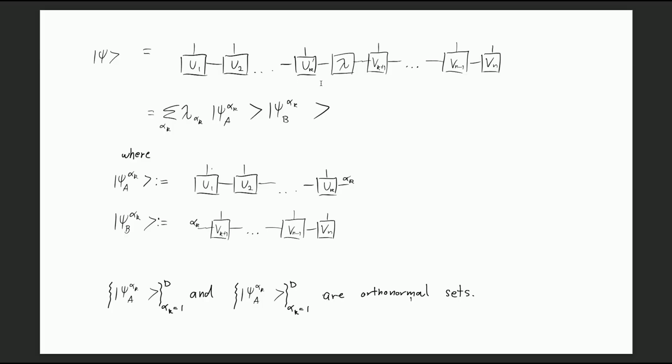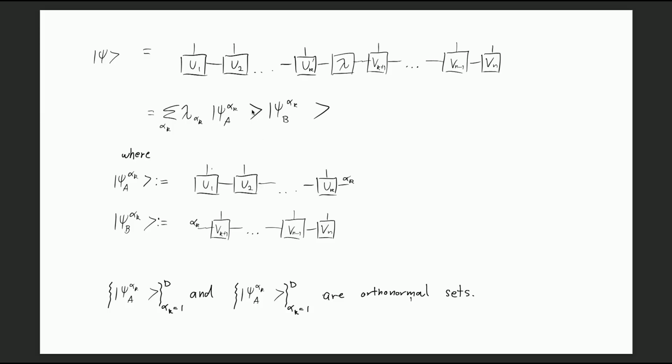And it turns out that this is basically a Schmidt decomposition of your matrix product state. So this state can essentially be written like this, as a Schmidt decomposition, where this is a set of orthonormal vectors, and this is a set of orthonormal vectors.